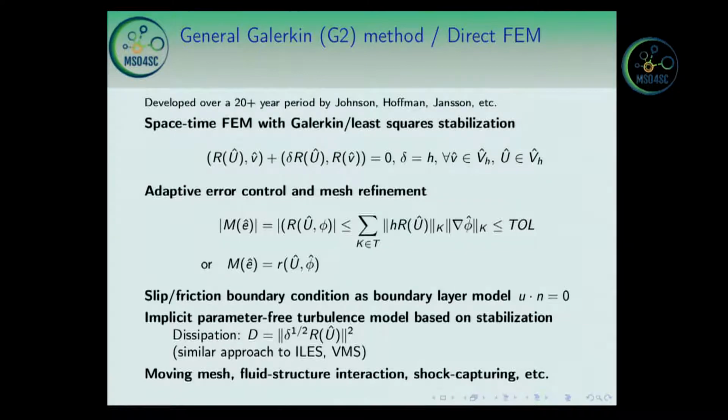Our approach for a number of years, this work was started by Claes Johnson and Johan Hoffman. I joined a few years ago, and now we're a large team developing this approach. It's a space-time finite element method with a Galerkin least squares stabilization. In the finite element method, we take the residual of this equation, which should be orthogonal to a test space or test functions.